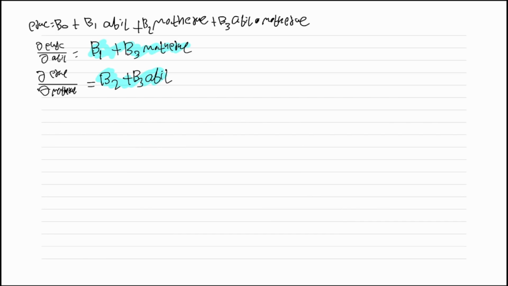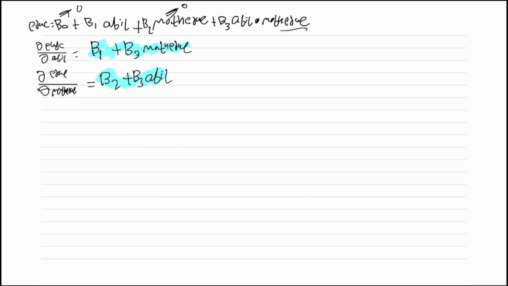When we take the partial derivative for ability, we treat all other variables as constant. So mother education we treat as a constant, and the derivative of any constant is zero, right?